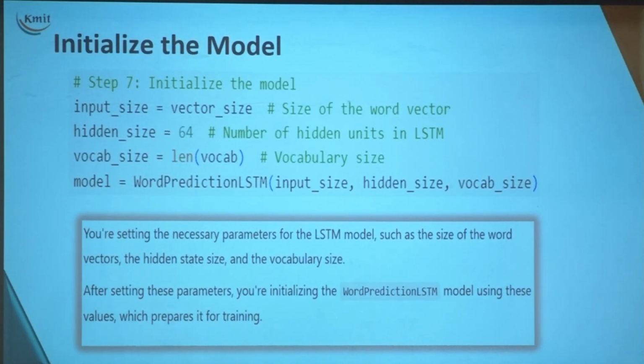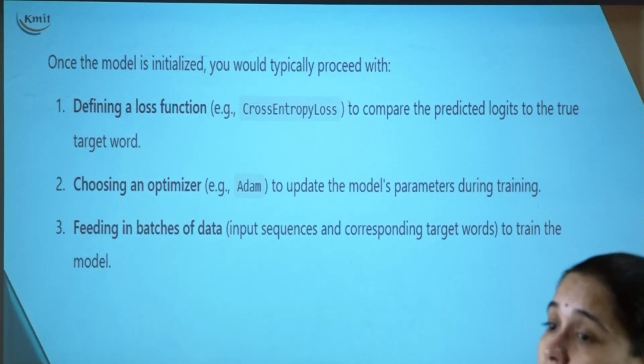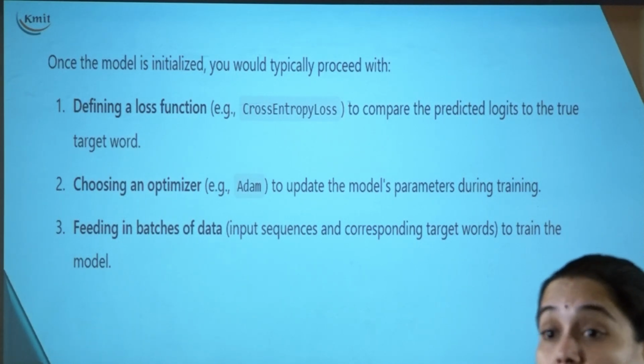So the next step would be, once the model is initialized, you want to train it, but before that, you will choose what loss function, what optimizer, on what basis you want to test this particular model. So defining a loss function, I told you the output will be roughly logits.